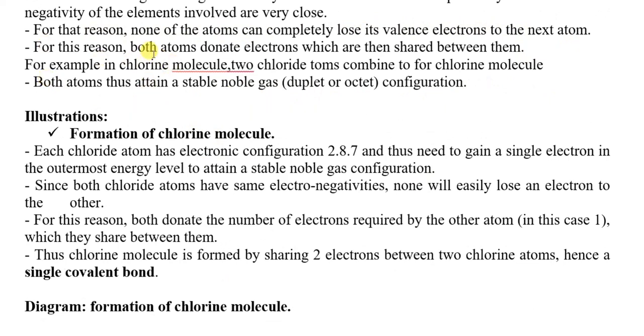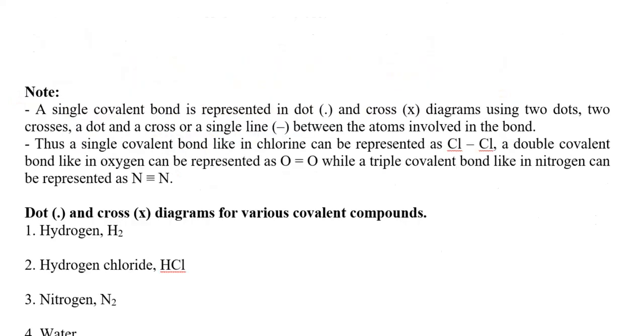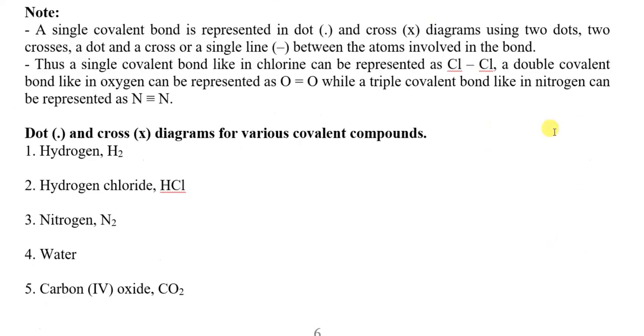For this reason, both atoms donate electrons, which are then shared between them. For example, in a chlorine molecule, two chlorine atoms combine to form a chlorine molecule. Both atoms thus gain a stable noble gas duplet or octet configuration. A single covalent bond is represented in dot and cross diagrams using two dots.